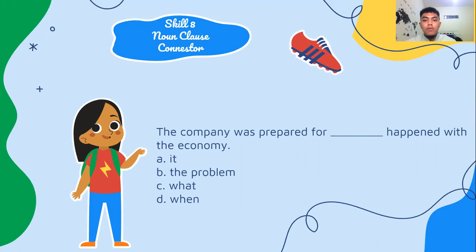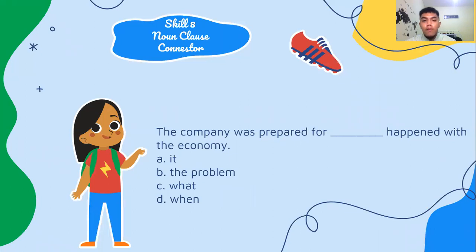The second clause is incomplete because it does not have a subject, as well as a connector connecting the two clauses. The correct answer is C, because it can work as both subject and connector.